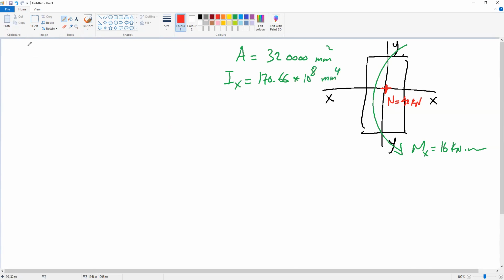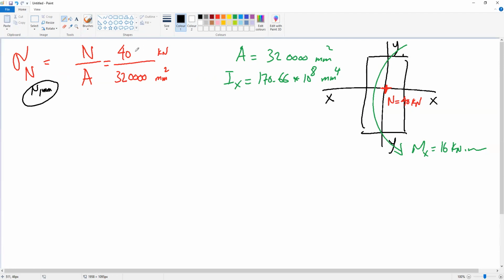So now we calculate sigma n equal to N divided by A. N equals 40 kilonewton divided by 32,000 millimeter square. This is in millimeter square and this in kilonewton, so it's better to calculate all the stresses in Newton and millimeter.